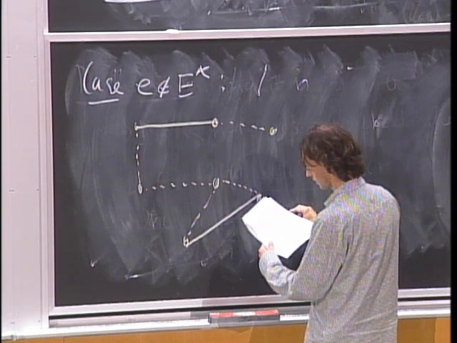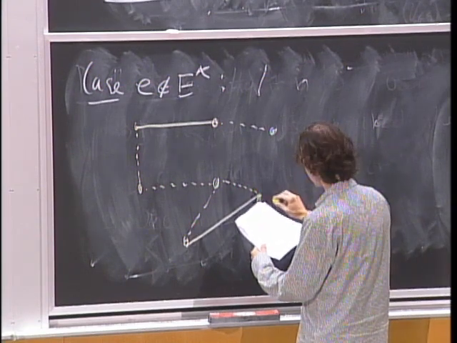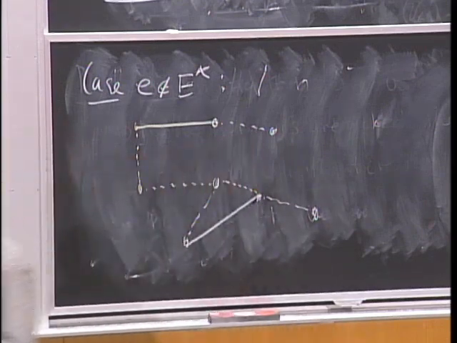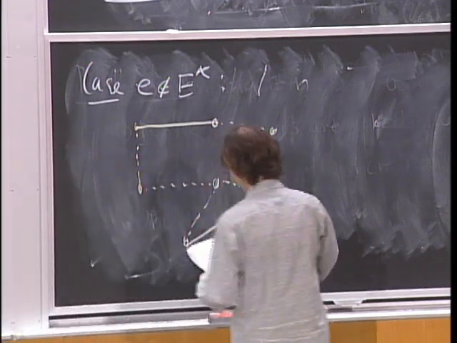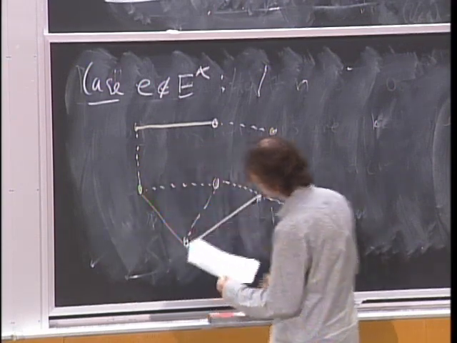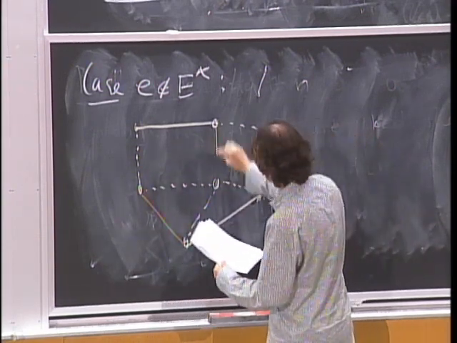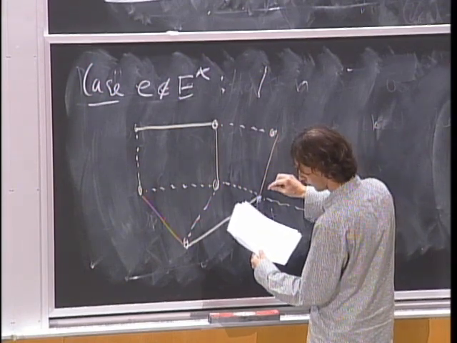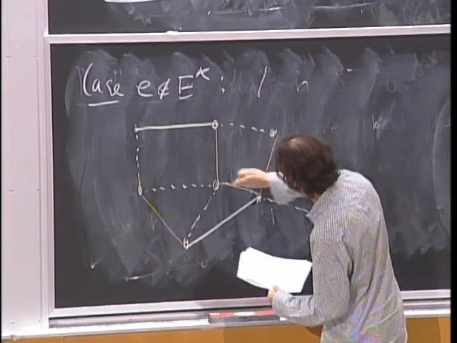This one, let me see. I want to use some different colors to make this as clear as possible. We have this one, we have this one, we have this one, and we also have this one actually, sorry.